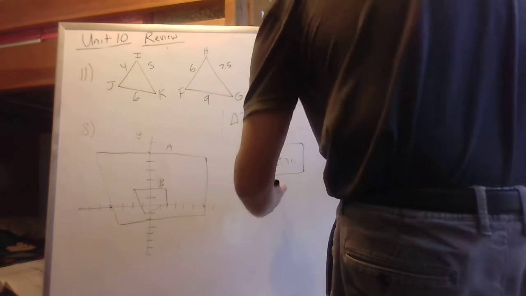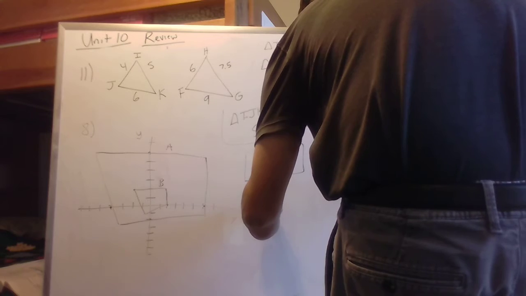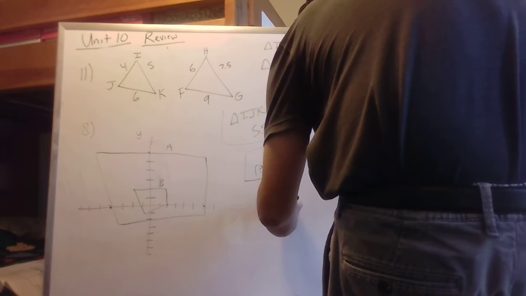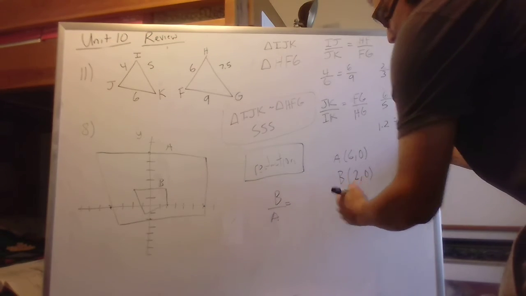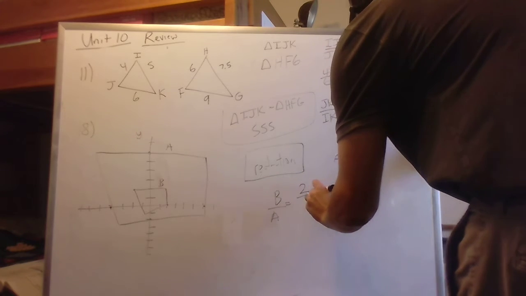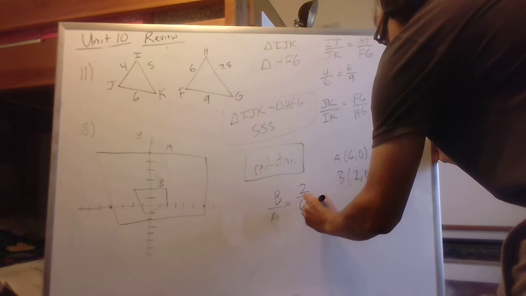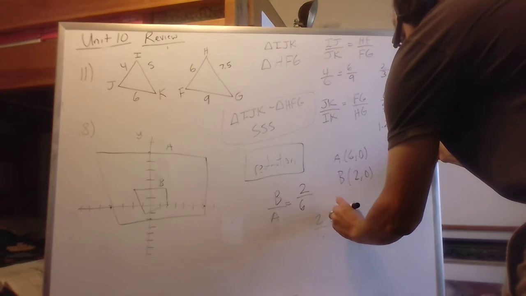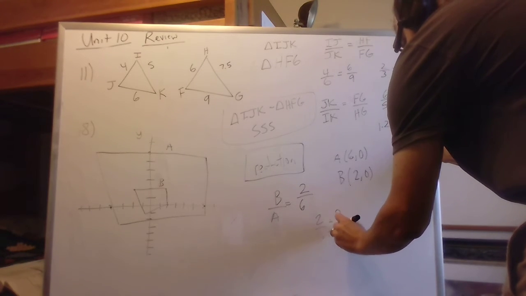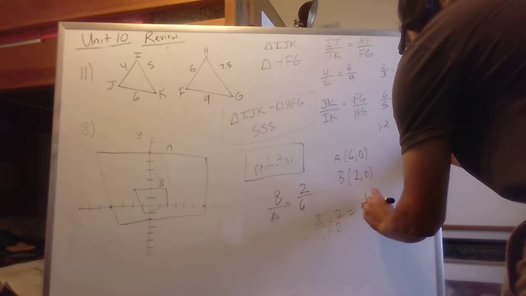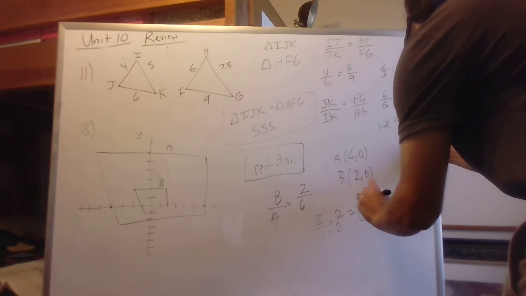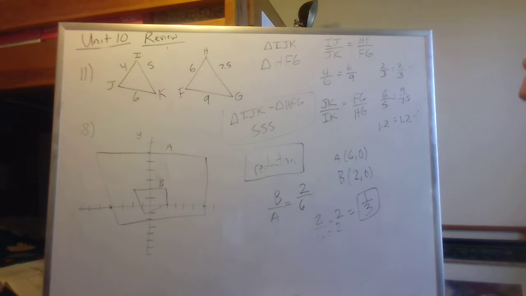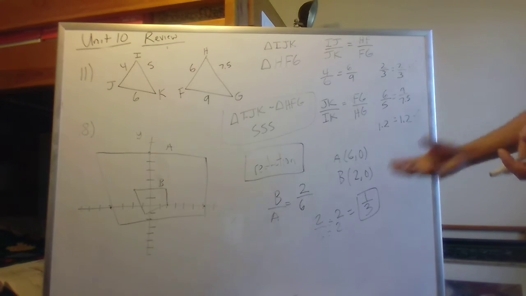So in order to determine the reduction, we're going to go B over A and look at that point. So B's x value is at 2, and A's value was at 6. So 2 over 6, if we divide the numerator and the denominator by 2, that's going to give us 1/3. So it was a reduction of 1/3.